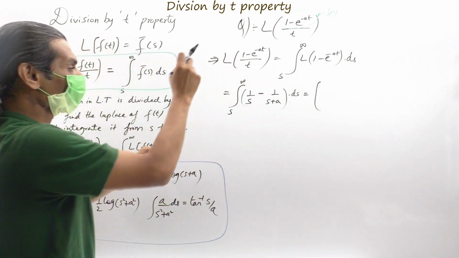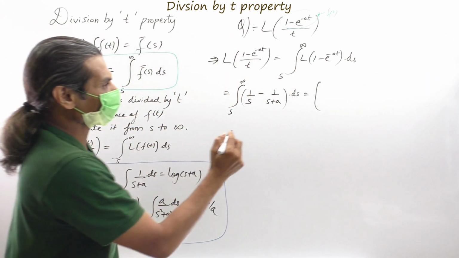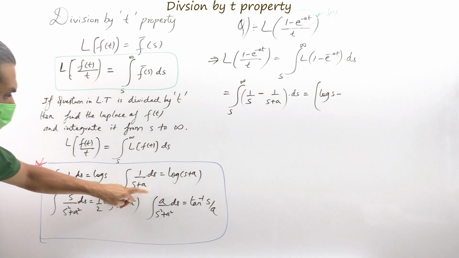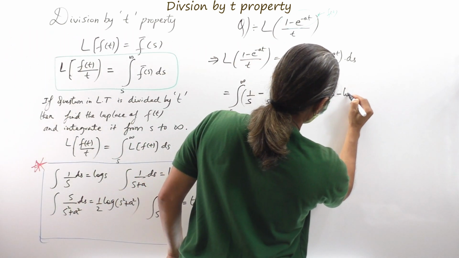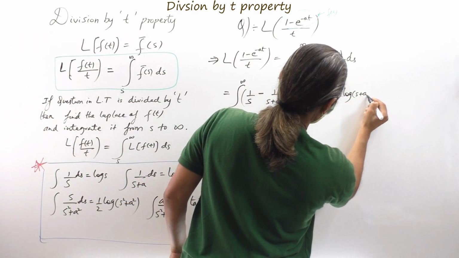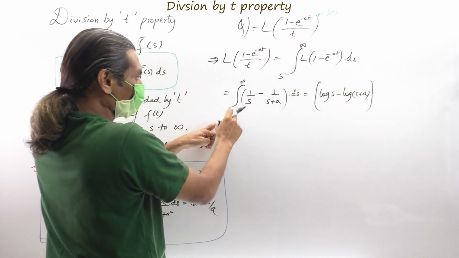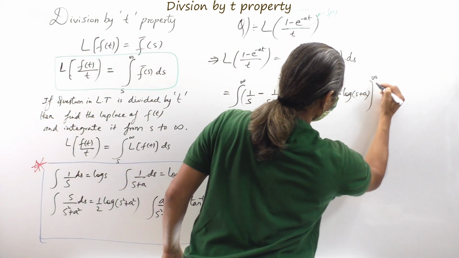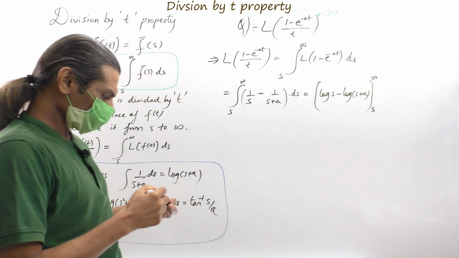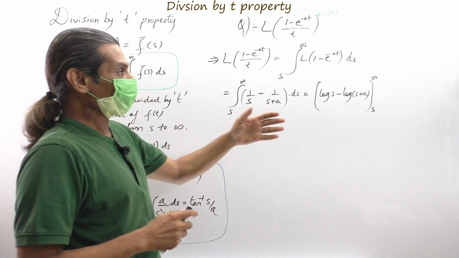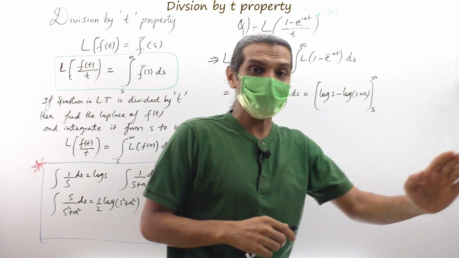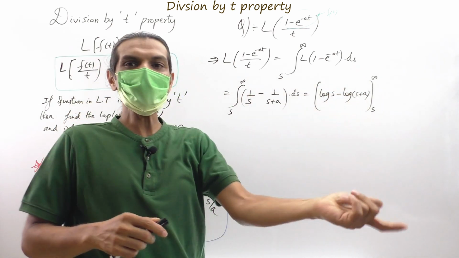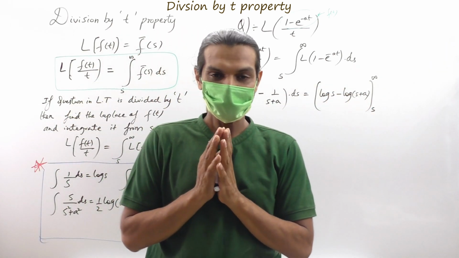The integrated value. 1 by s integration is log s minus 1 by s plus a is log s plus a, and the limit, the top limit here is infinity, bottom is s. It means whatever answer I get, in that put the top, in place of s put infinity, minus in place of s put s as it is, that is it.